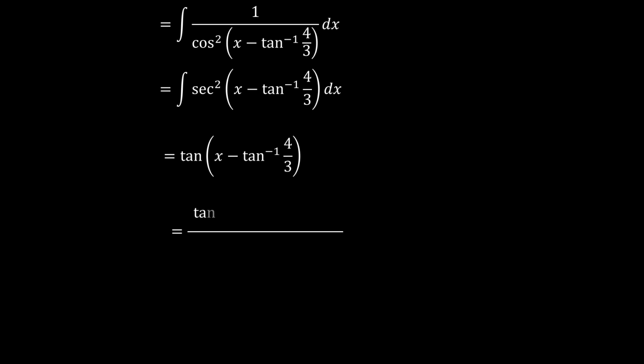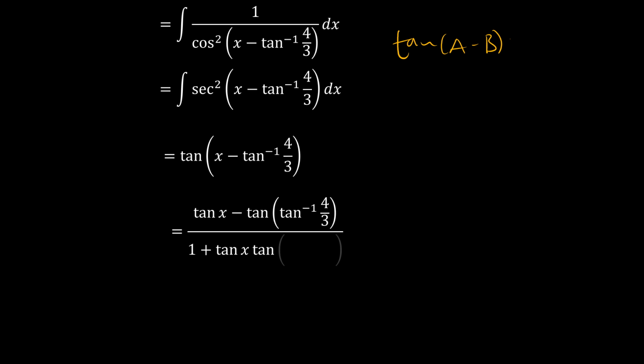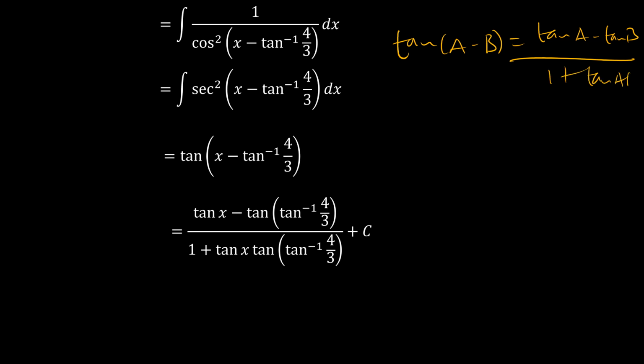But we know that tangent of a minus b is the same as tangent of a minus tangent of b over 1 plus tangent a tangent b. And that's what we've done here.